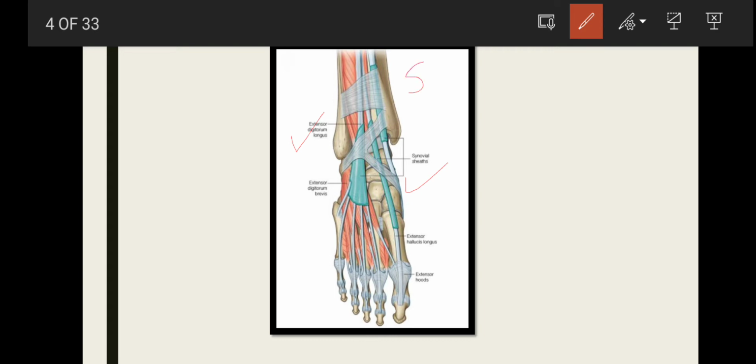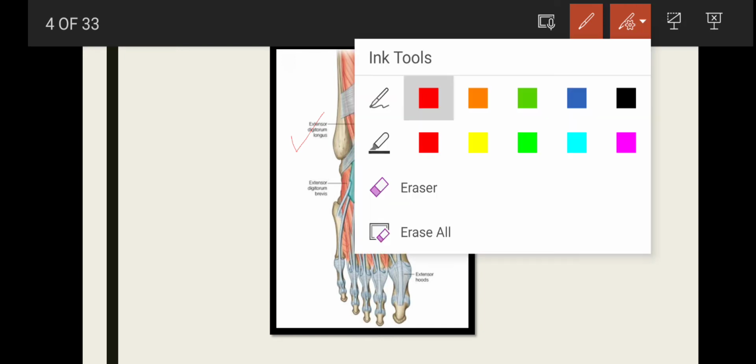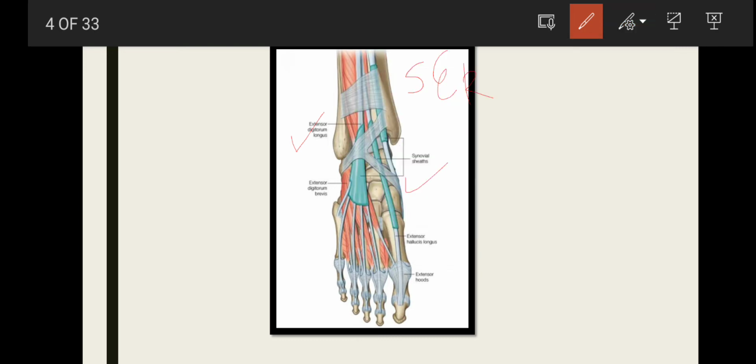This is the superior extensor retinaculum, and this Y-shaped one is known as the inferior extensor retinaculum.